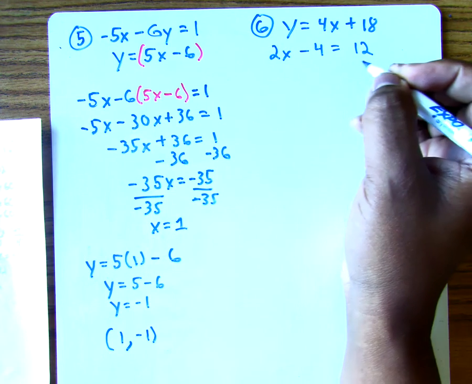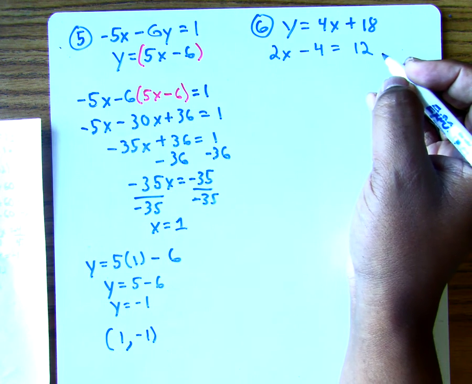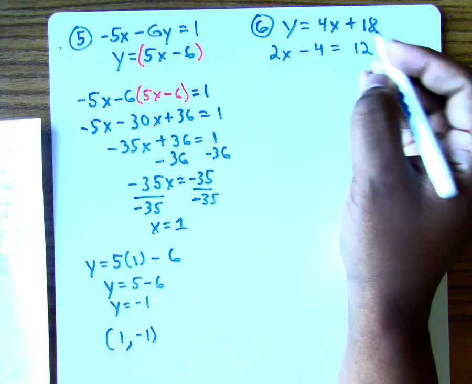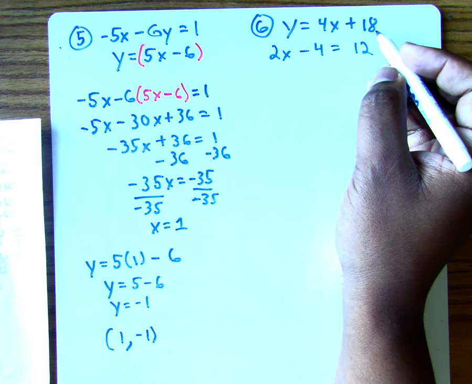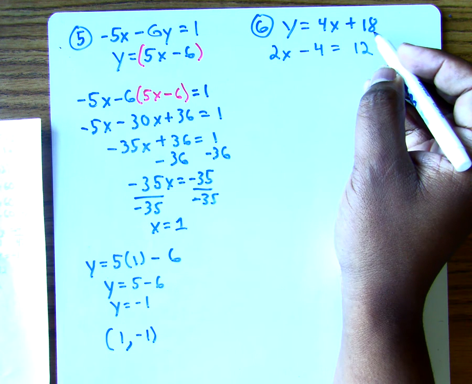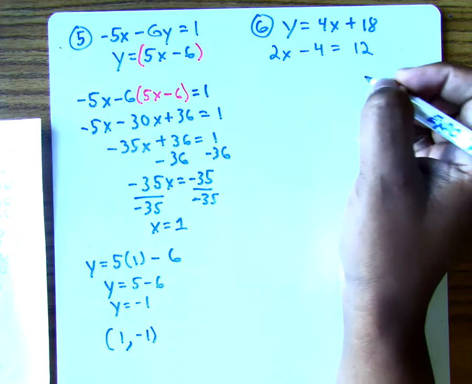On number 6, we have the y already set equal to 4x plus 18, and we're going to plug it into the value here.